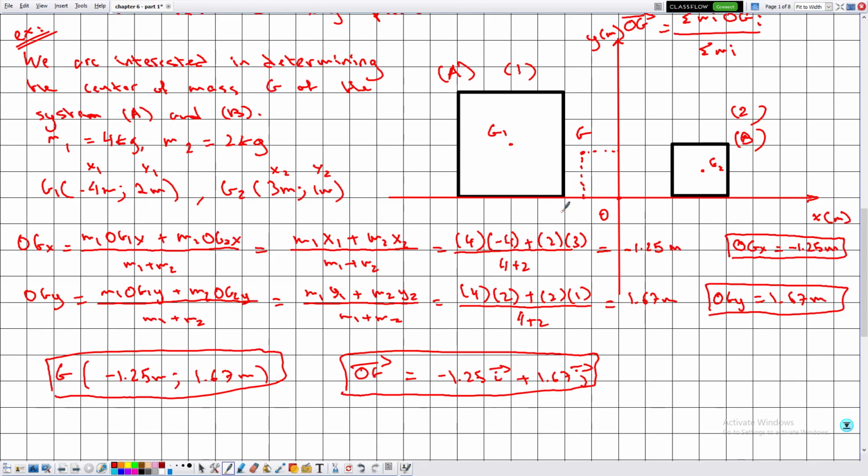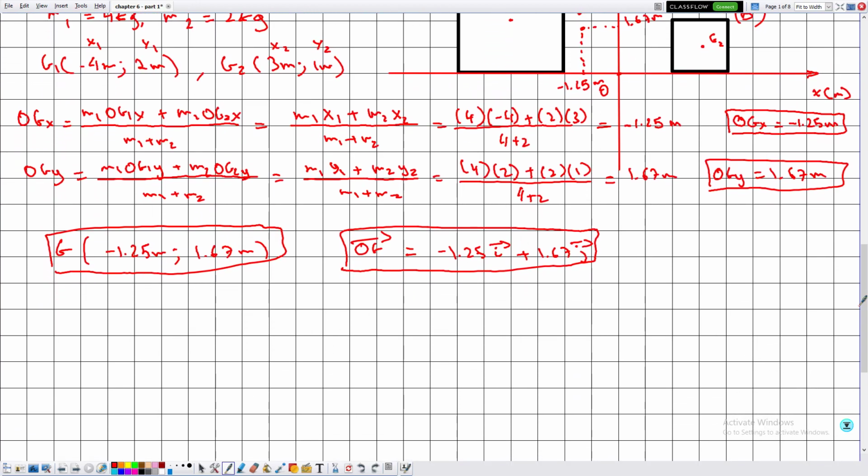Here let me say that this is minus 1.25 and this is 1.67 meters. And here let me say the following note that I have used. That OG x is simply the coordinate of the point G, which I'm representing by x, y, because we know that any vector OG has components which are given by xG minus xO and yG minus yO.